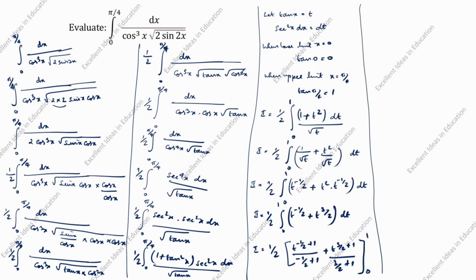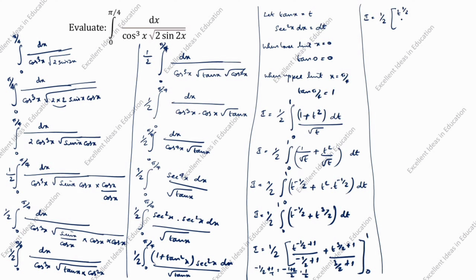Next, t power minus 1 by 2 plus 1. How we will write? Minus 1 by 2 plus 1. So we will take the common, 2 minus 1 plus 2 equal to plus 1 by 2. So we will take plus 1 by 2. I is equal to 1 by 2. Open the bracket.